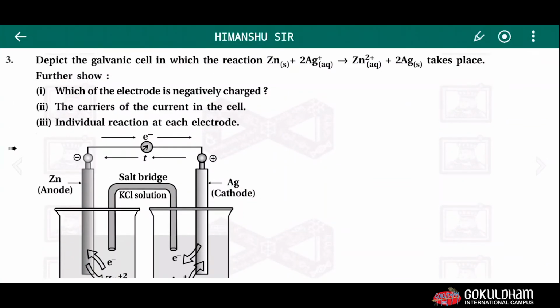In the third example, the individual reaction at each electrode. You can write the individual reactions from the above main reaction.